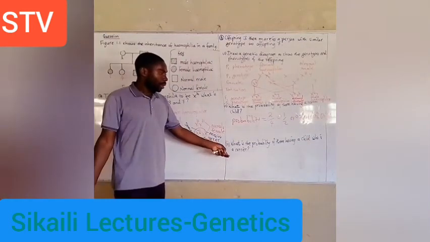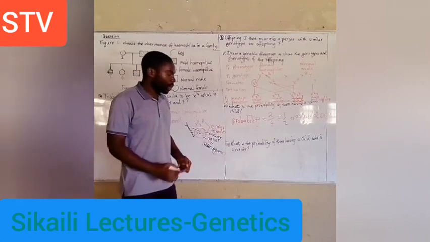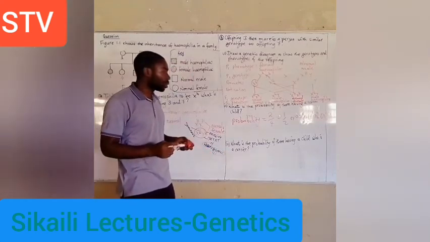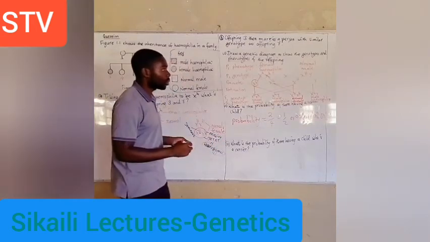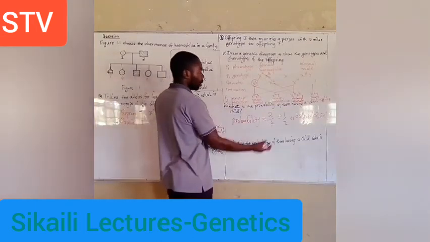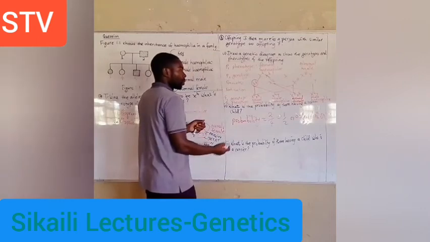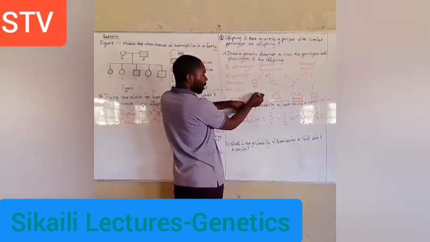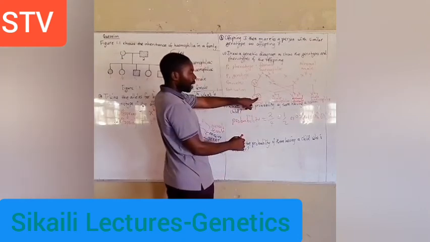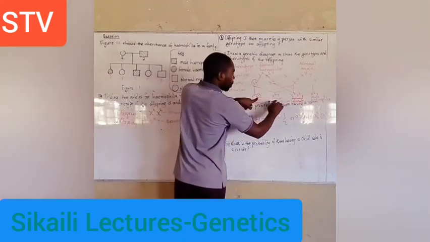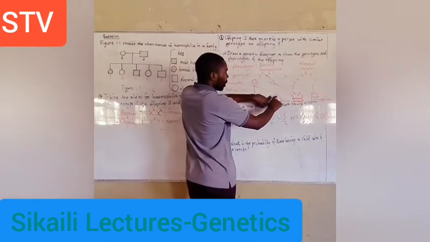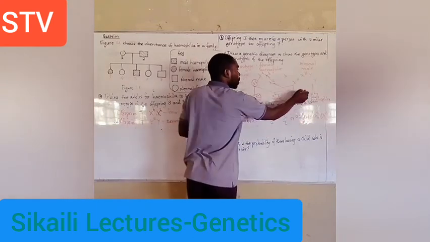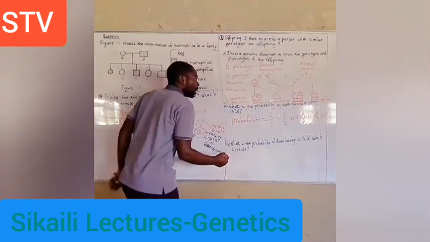Now, what is the probability of them having a child who is a carrier? Again, you need to look at it. Is this a carrier? Yes, of course, because there is this smaller h, and also we've seen here, this is not a carrier. Males are not carriers, only females. So even here, we have 2 who are carriers.